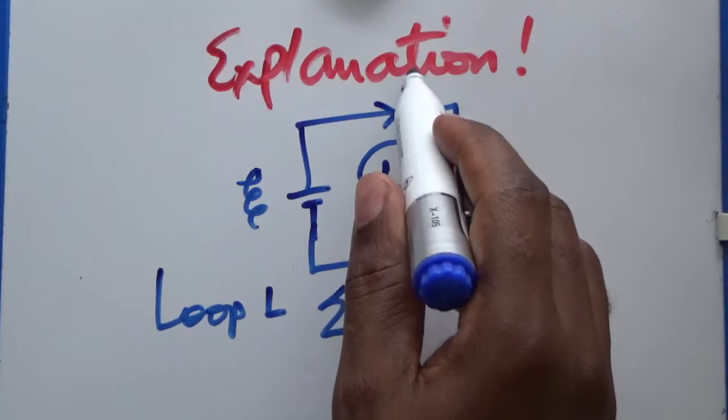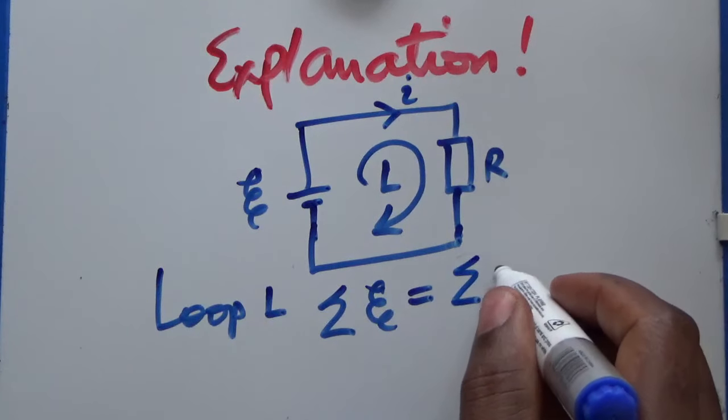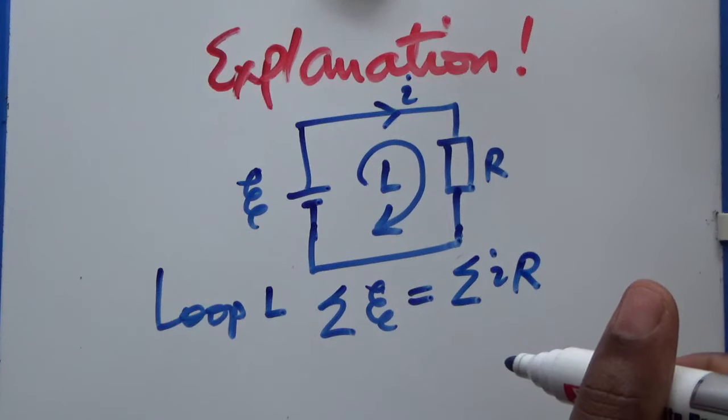This is the current flowing through our circuit, and the sum of the potential drops is IR.